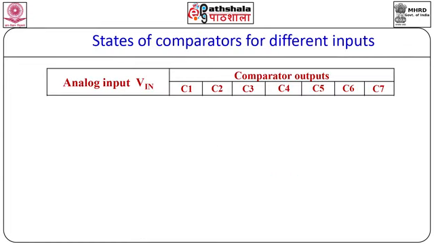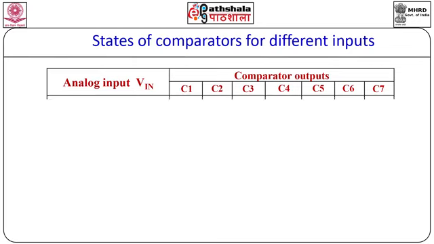When the analog input voltage is less than the reference voltage of the lowest comparator, the output of all the comparators C1 to C7 will be low. Suppose we assume that logic 1 is equal to 8 volt, and the plus V connected to the circuit is 8 volt.